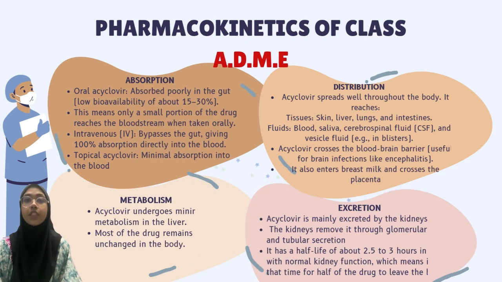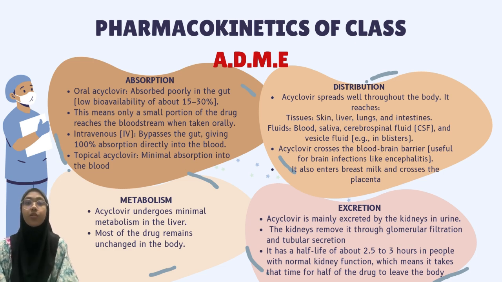Pharmacokinetics of acyclovir. Let's focus on absorption first. Absorption refers to how a drug enters the bloodstream after being taken. The first one is oral acyclovir, tablets or liquid. When you swallow acyclovir, it goes to your stomach and gut, where it's absorbed into the blood. The absorption is poor.